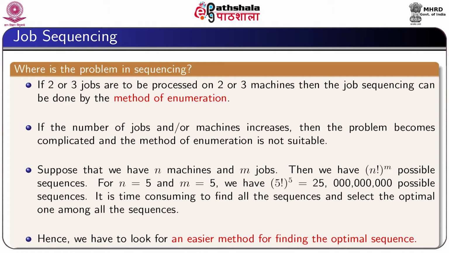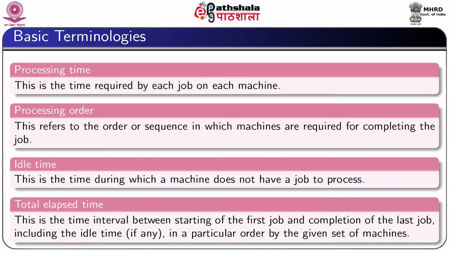Before we proceed to a method for finding the optimal sequence, let me explain some terminologies which are usually used in job sequencing. Processing time. This is the time required by each job on each machine.